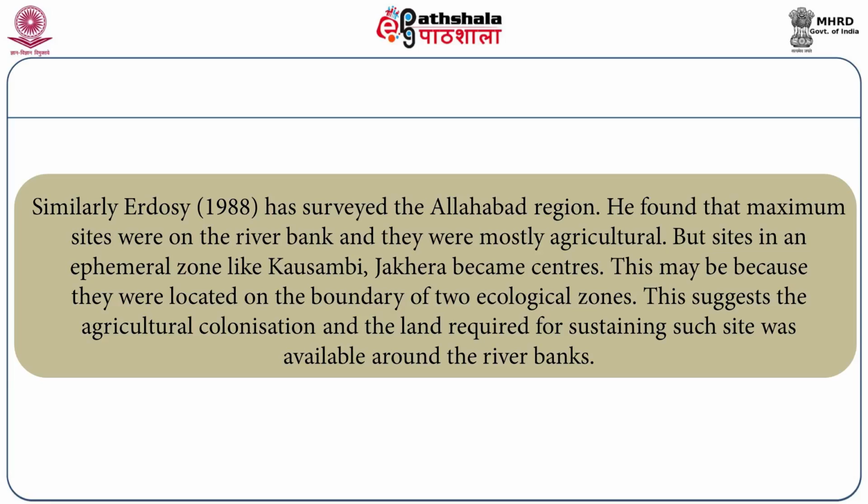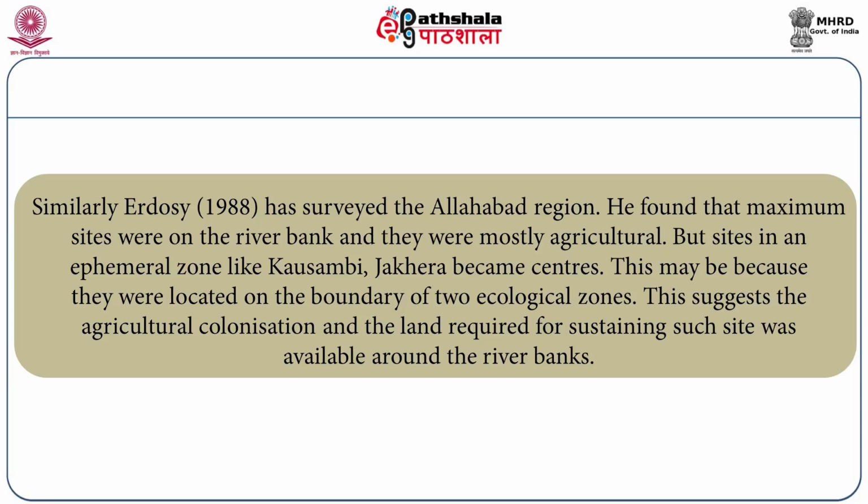The location of these two settlements in the ephemeral zones may be because they were located on the boundary of two ecological zones. The ecology is also important. When settlements are located in the boundary of two ecological zones, they are likely to be developed as important urban centers. One of the reasons is that these two different ecological zones can produce different kinds of materials and goods, both natural as well as artifactual.